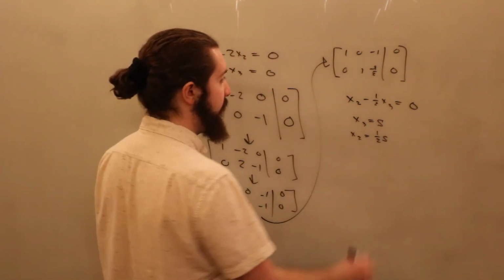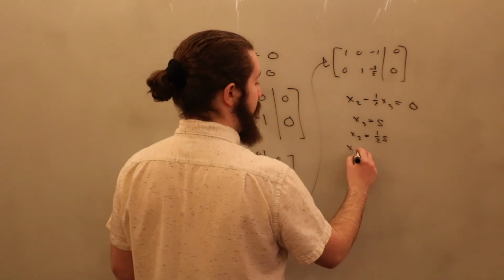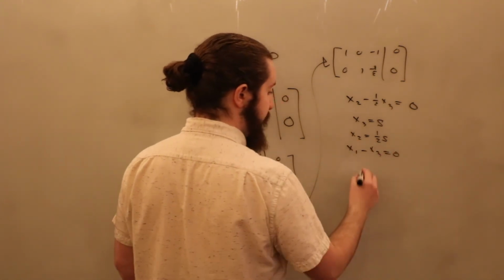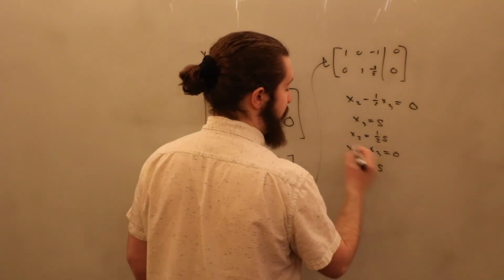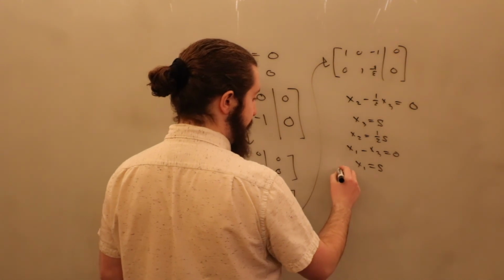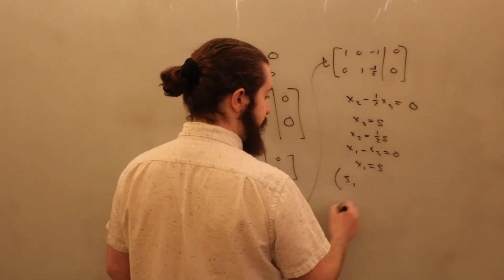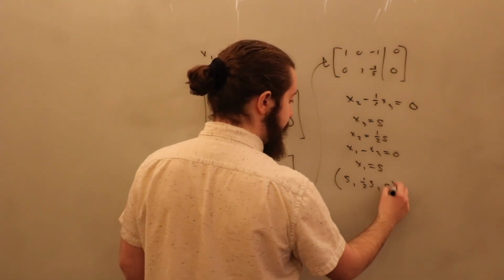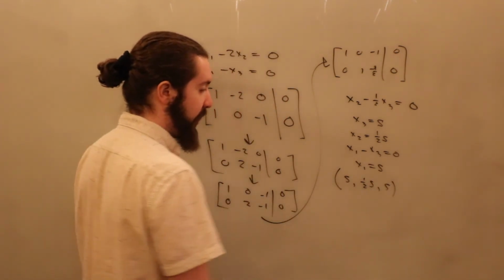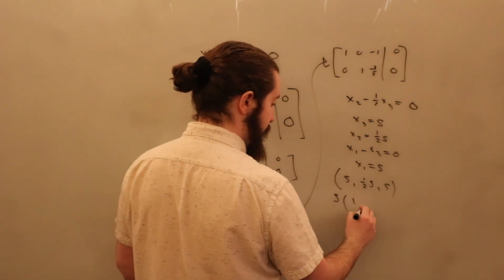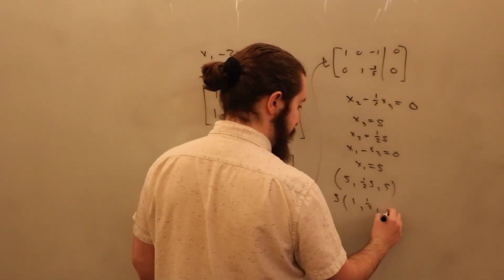And then x1 minus x3 is equal to 0, so x1 will also be equal to s. Then we can write our solution set as s, 1/2 s, s. Or if you like, we can factor out the s, and s times 1, 1/2, 1.